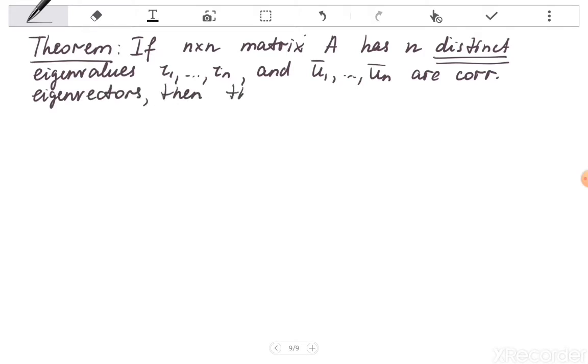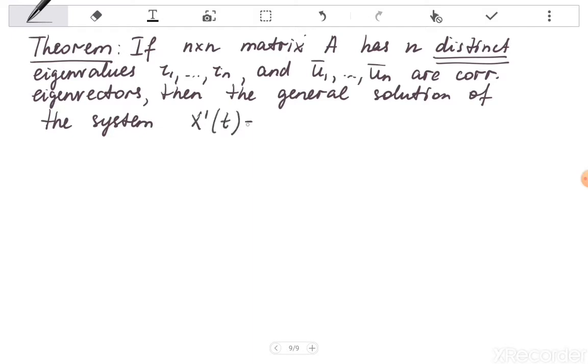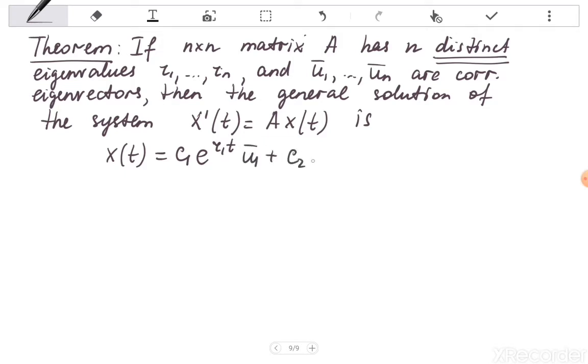then the general solution of the homogeneous system x prime of t equals A x of t is x of t equals c1 e to the r1 t u1 plus c2 e to the r2 t u2 plus and so on plus cn e to the rn t un.